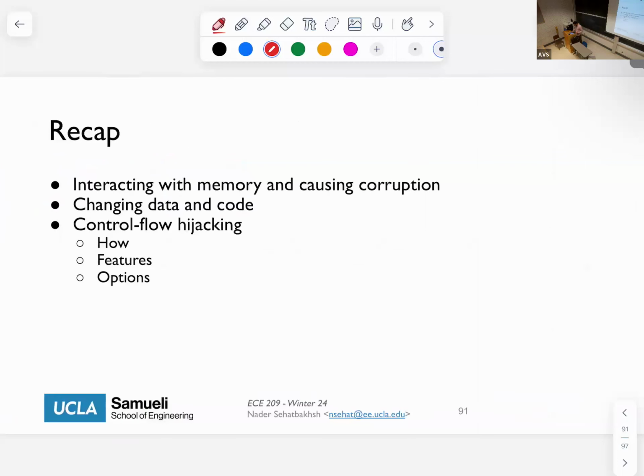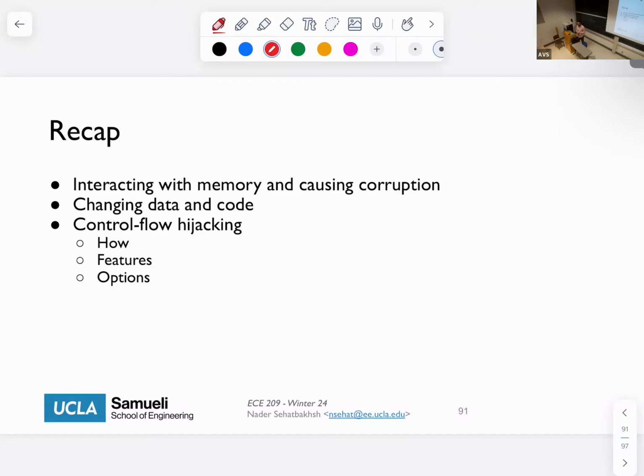Okay. All right, so to quickly recap what we discussed: we're trying to interact with memory, and unfortunately interaction with memory causes corruptions. The reason for this is that we are using unsafe code and data, and the attacker can use various ways of corrupting our memory.